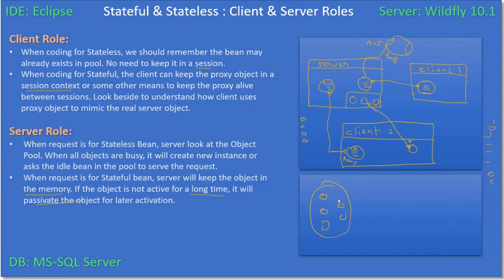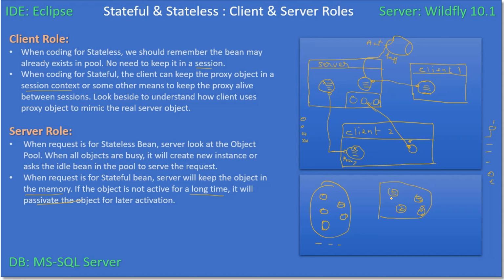So there is a pool of objects if it is a stateless bean, and here the lifetime is completely different. It will live for a long period, whereas the lifetime for the stateful session bean is different, and each object is different here based on the client.